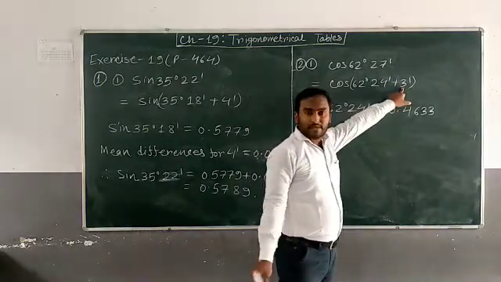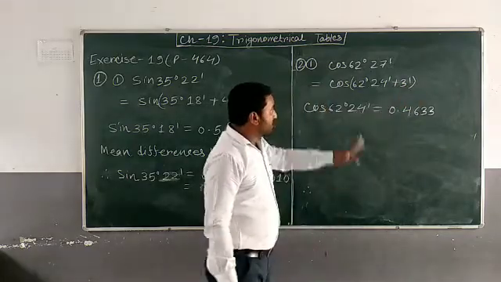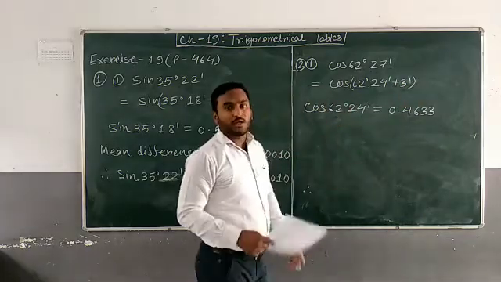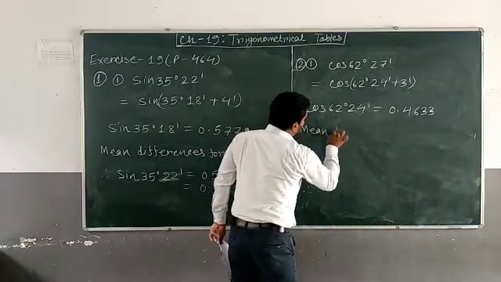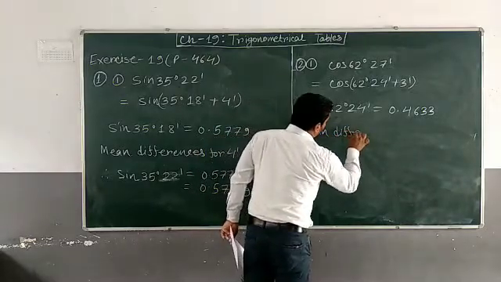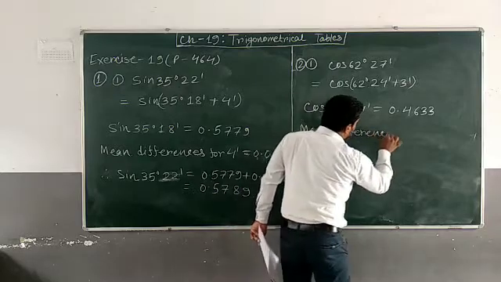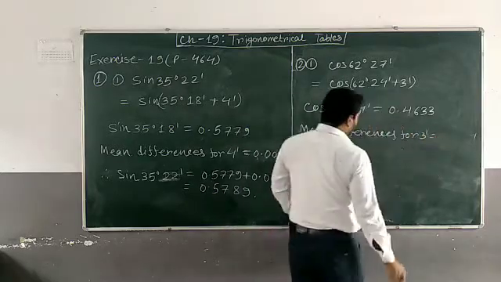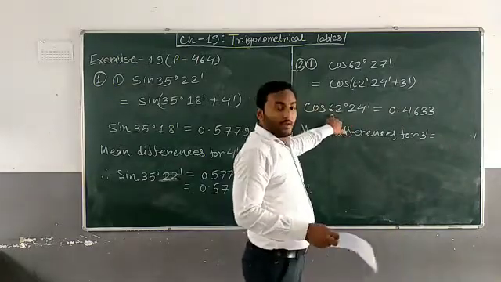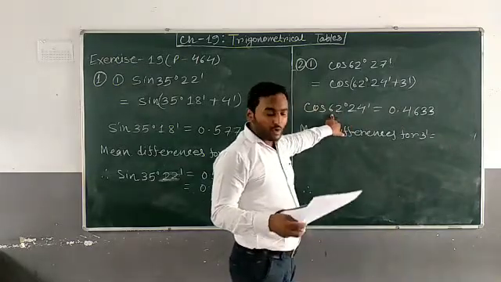Now 3 minutes is left, so you have to find the mean differences for 3 minutes. In the 62 degree row you have to see that.